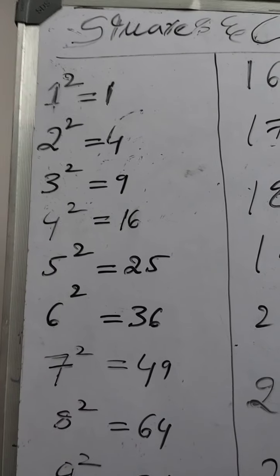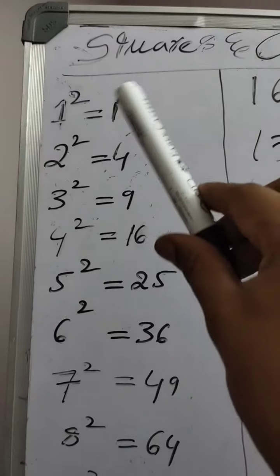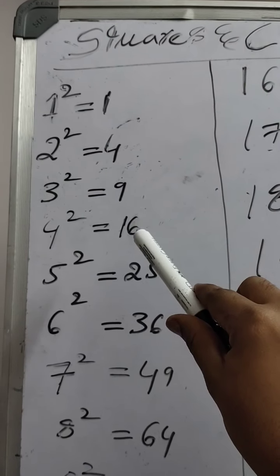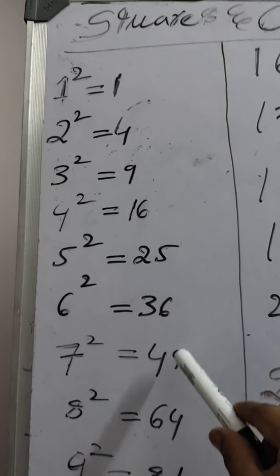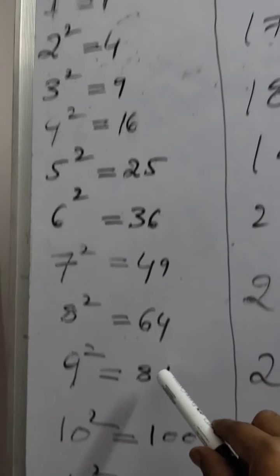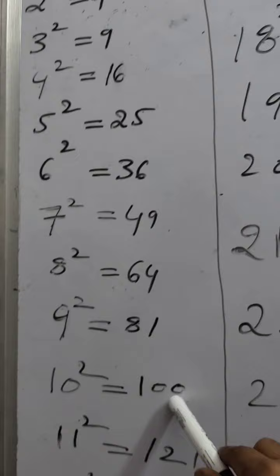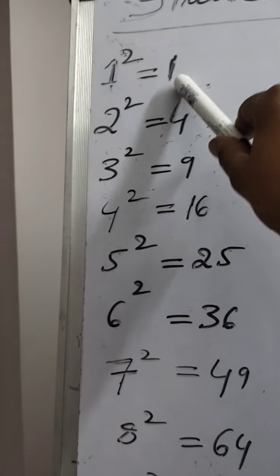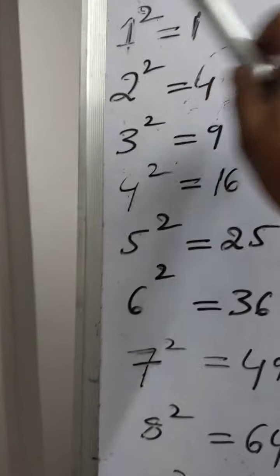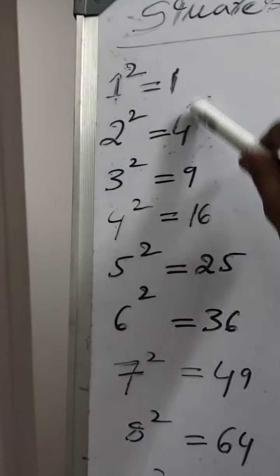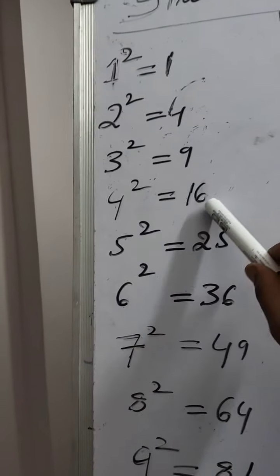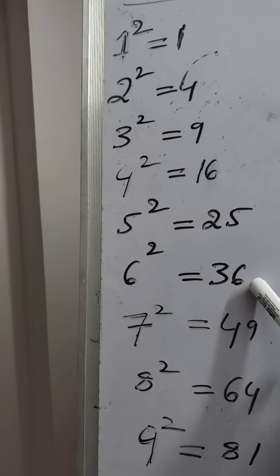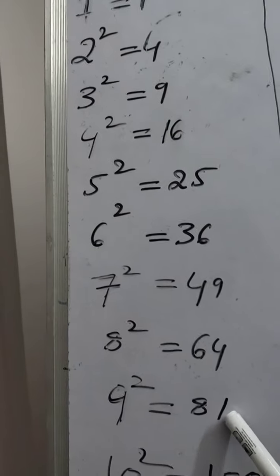Now observe the series. 1 square 1, 2 square 4, 3 square 9, 4 square 16, 25, 36, 49, 64, 81, 100. Observe the ones place: 1, 4, 9, 6, 5, 6, 9, 4, 1, 0.